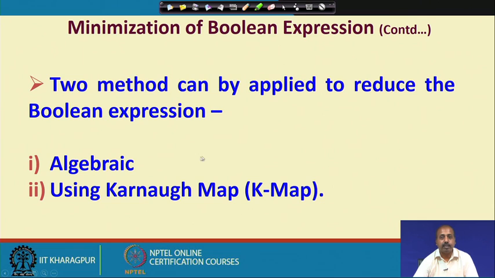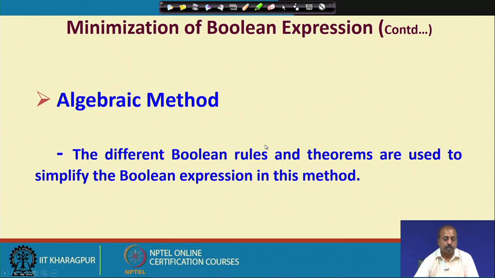Both of them can give us the minimum form, but in the algebraic method there is no hard and fast rule that you have to apply the algebraic manipulations in this order to get the minimum form. So that makes it difficult, whereas in Karnaugh map there are some rules, and if you follow those rules then you will definitely get a minimum form expression.